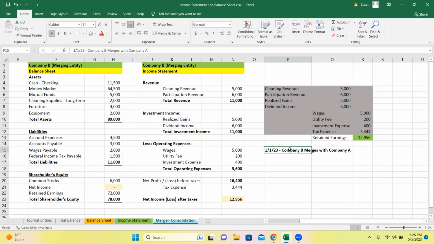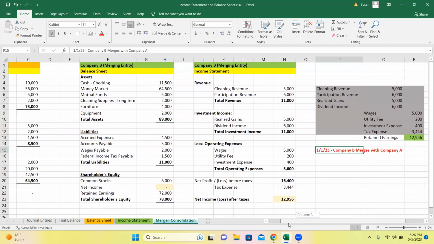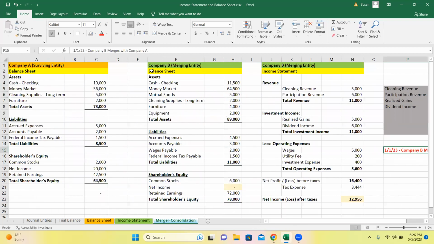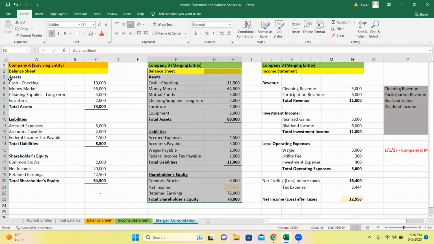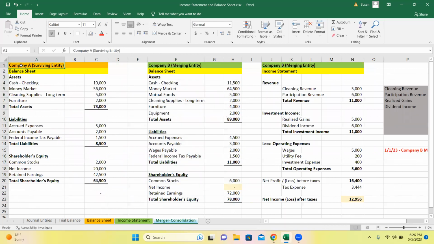So to merge the financials, basically what you have to do is combine the balance sheet of company B to company A. So basically, original company A plus the balance sheet year-end items of company B equals the new consolidated company A. Because you recall, company A is the surviving entity.